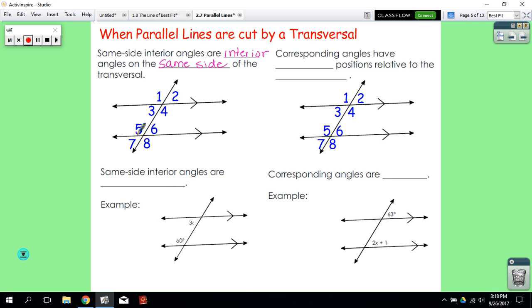We also talked about the relationship between same-side interior angles. So 3 and 5 are not congruent, but they are supplementary, which means they add up to 180.